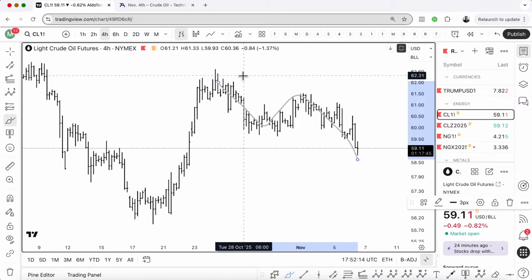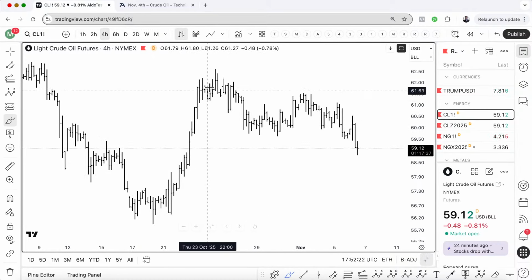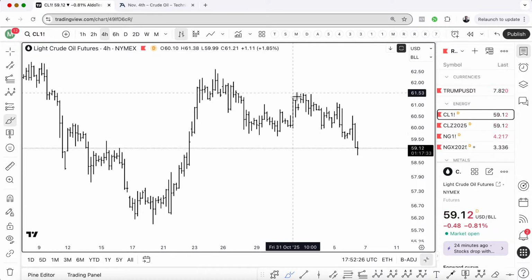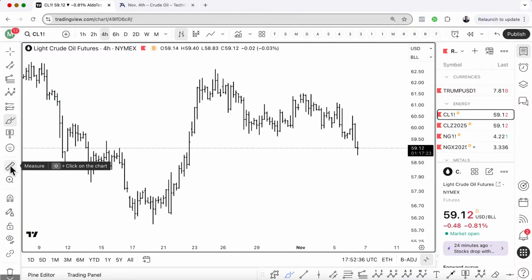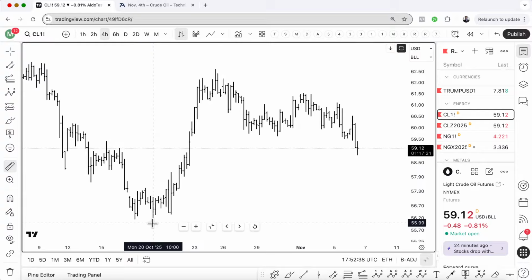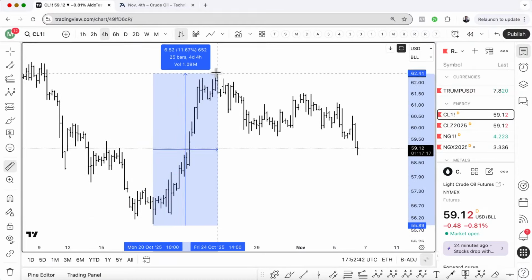So when you have this, you have a great probability setup, right? So what do you have to do? Well, you see thin, fast, and you compare with this. Well, let's do a very scientific and objective way of doing this, okay? I'm going to show you one way. You take this ruler here, okay? You take this and you put it here, and you go from here to the top, right?